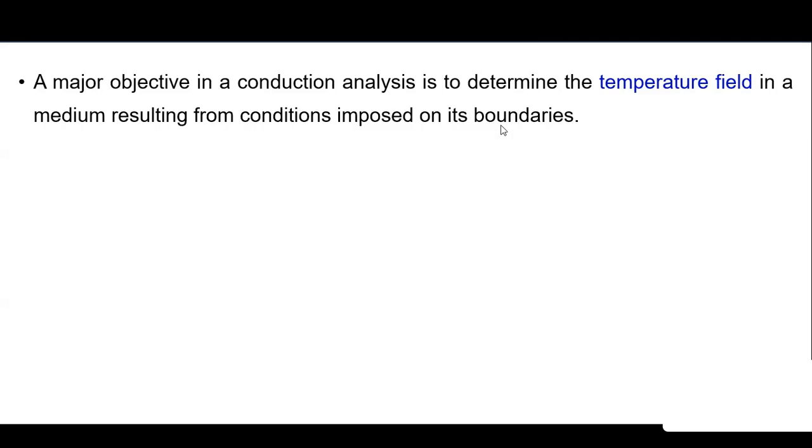When doing any conduction analysis, we are interested in finding the temperature field, that is, the expression of temperature in terms of space coordinates or time. If we get this equation in terms of space coordinates, then we can simply differentiate it to get the temperature gradient in that particular coordinate, and this gradient can be used along with Fourier's law of conduction to find the rate of heat transfer in that direction.